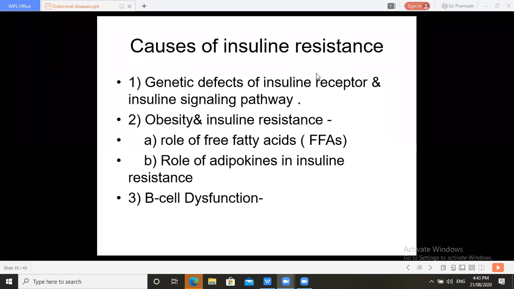Morphology we are going to discuss now, one by one.